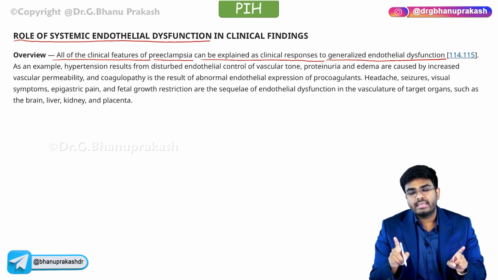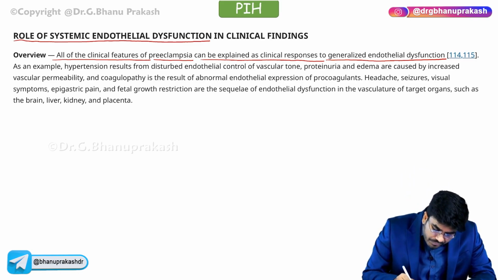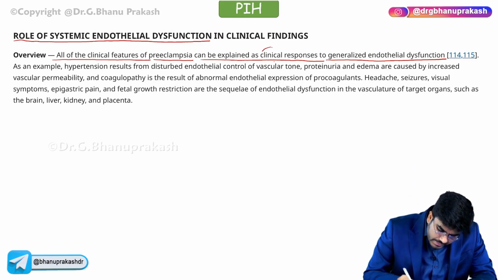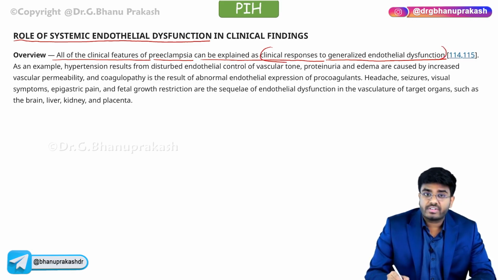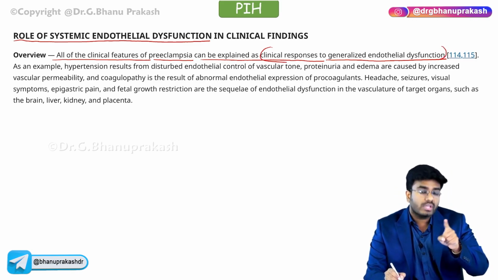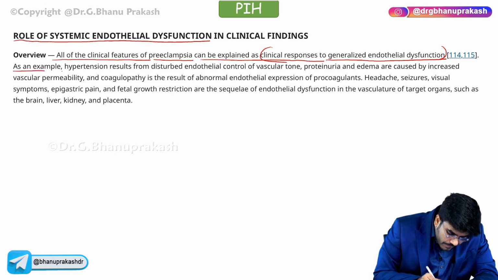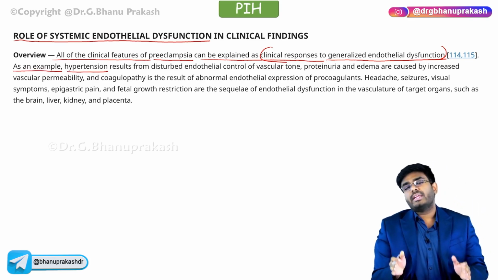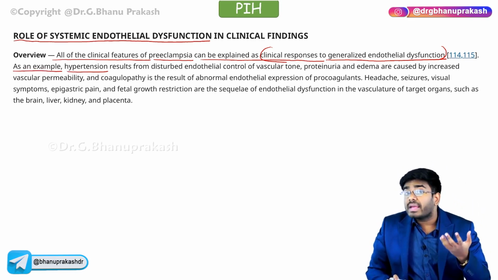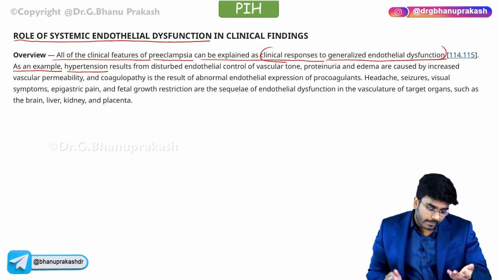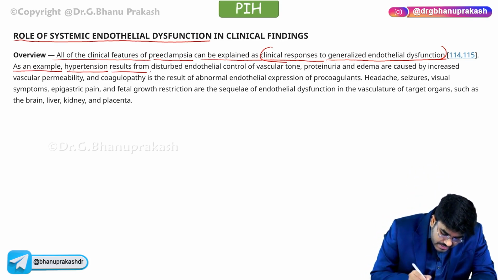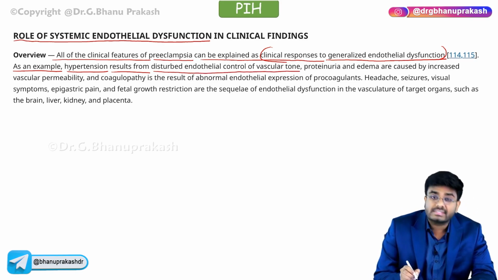All the key clinical features are explained because of endothelial dysfunction. It's the endothelial dysfunction which leads to the clinical features. For example, hypertension. We all know that in preeclampsia there is hypertension. Why is there hypertension, sir? You can ask me why. Hypertension results from disturbed endothelial control of vascular tone.